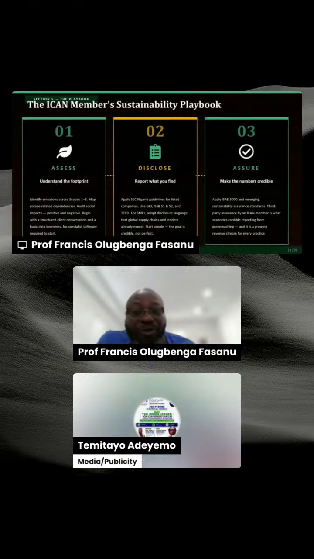Now, I move on to ICAN's member sustainability playbook. And I said the first thing you need to do is to assess and understand the footprint of your client. The first one is to identify the emissions across both scope 1 to 3. Map all nature-related dependencies. Audit their social impact, whether positive or negative. Begin with a structured client conversation and a basic data inventory.